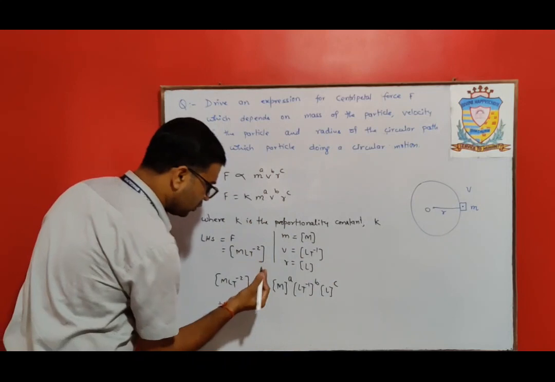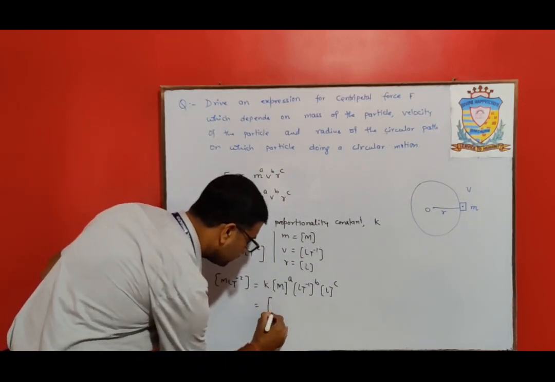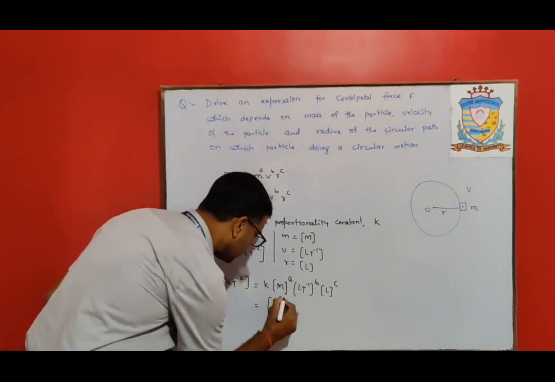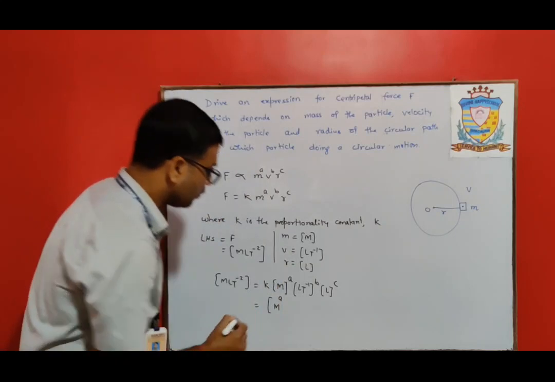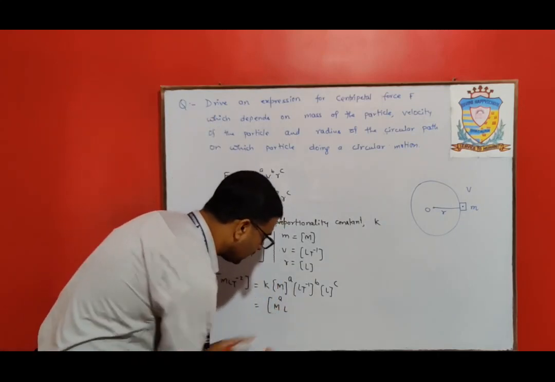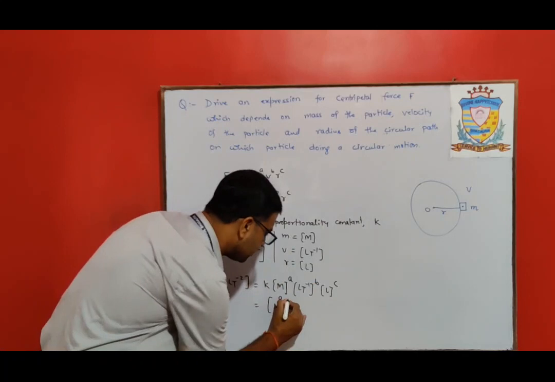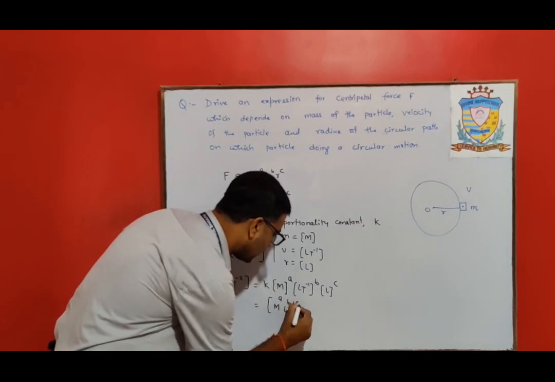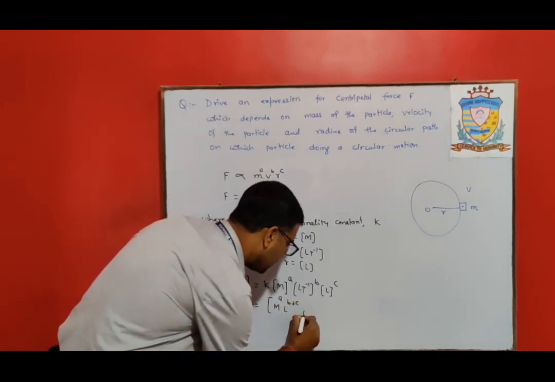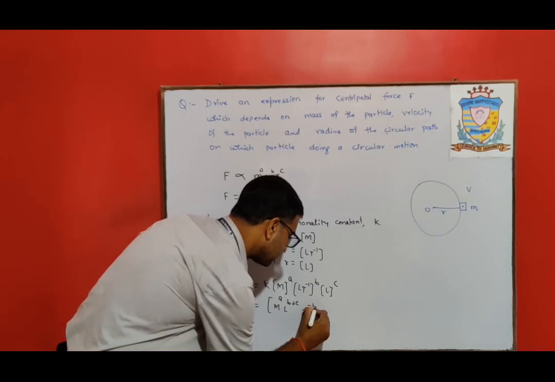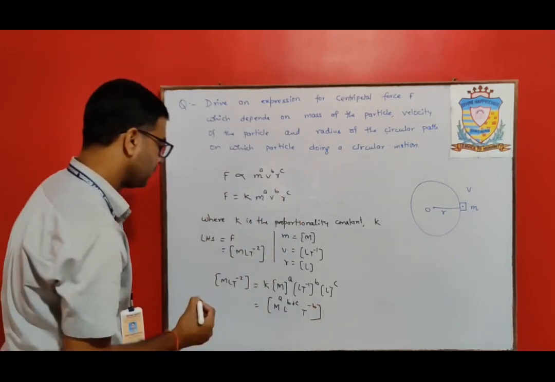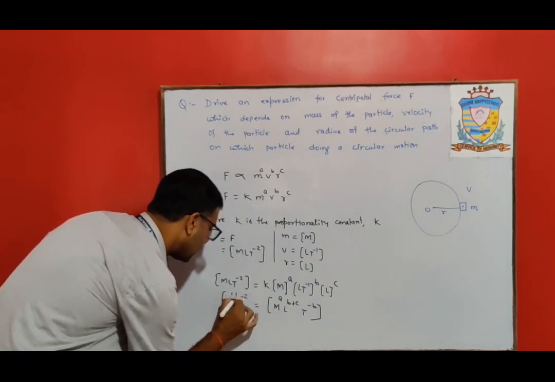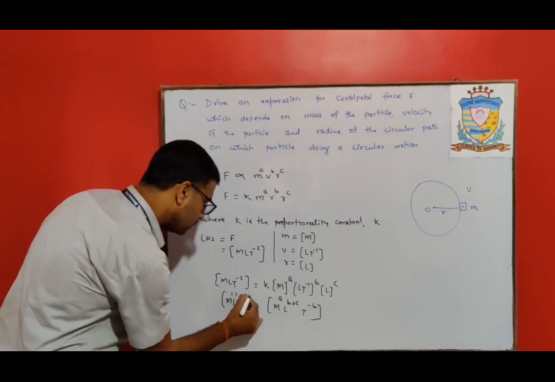Take the value of k as 1 or leave it. So this becomes M^a, L^b, and L^c, so these two will be added, L^(b+c), and T^-b. Clear? And the left side is MLT^-2, or you can say M^1 L^1 T^-2.